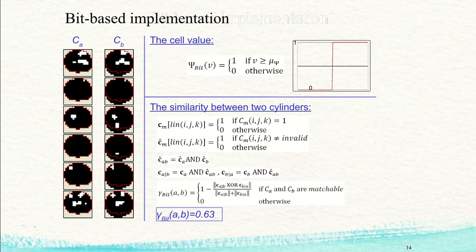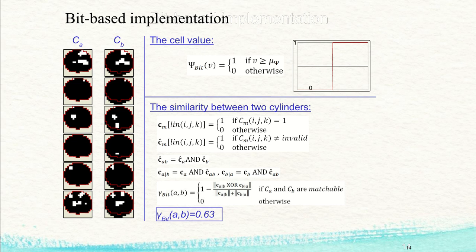So here we compute gamma bitwise of A comma B, the cylinders, as 1 minus mod of CAB minus CBA, over mod of CAB plus CBA, if both cylinders are matchable.